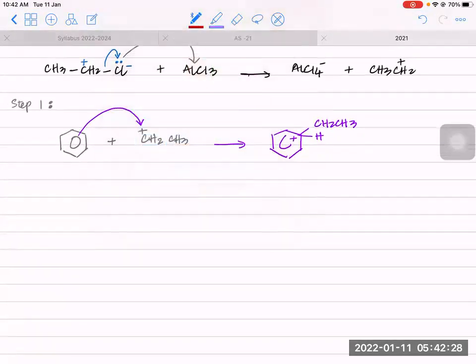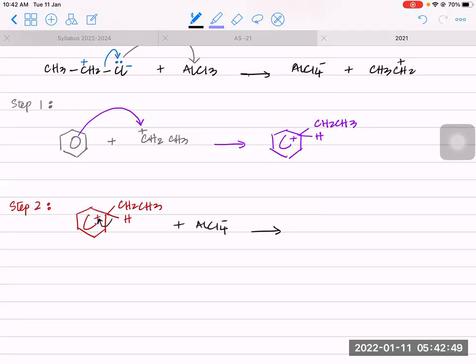Then we have step 2. What happens in step 2? You will have CH2CH3 here, H here. This will be expelled as H plus. You will have AlCl4 minus.